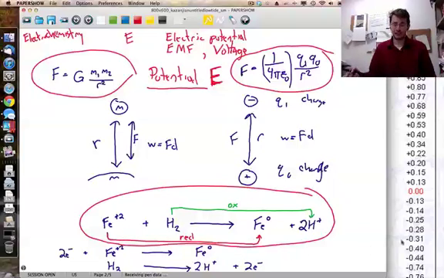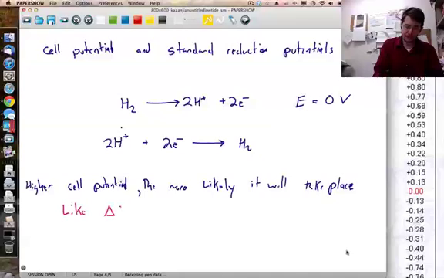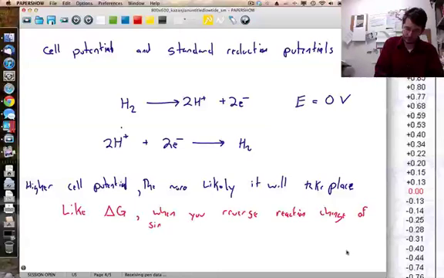It turns out that, unlike delta G's, when you reverse a reaction, that leads to a change in the sign of the potential.